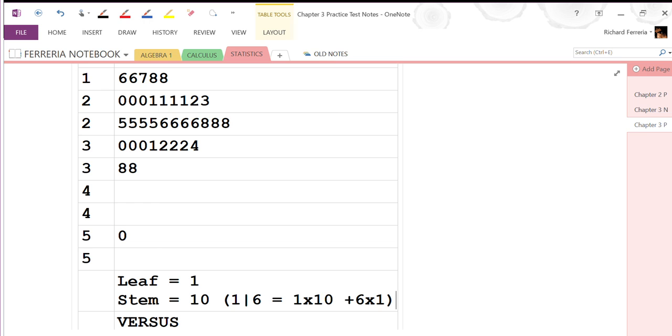It sounds like you'd want to round everything to the hundreds place, so the leaf would be the hundreds place and the stem would be the thousands place. But again, that really depends. It's possible to be the other way around, or for your leaves to be the tens place and your stem to be the hundreds place. But we just round it. You would round it to the leaf value.